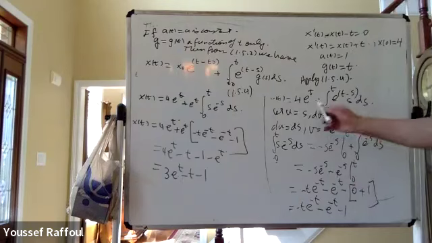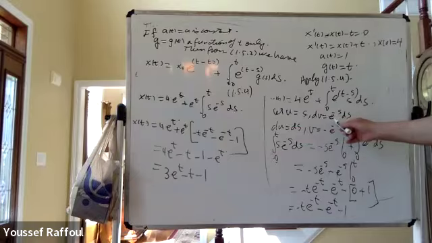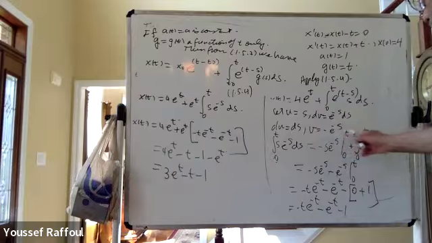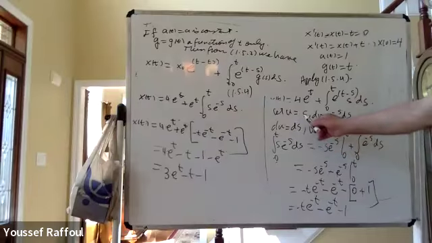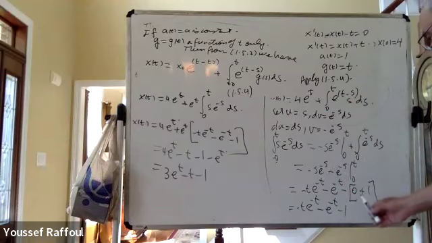So we did integrate s e to the minus s, that u equal s, dv is e to the minus s ds, du and v is minus e to the minus s. So this is equal to uv minus the integral of v du, plus e to the minus s ds. And that is minus s e to the minus s from 0 to t minus e to the minus s from 0 to t. And that is, let's see.